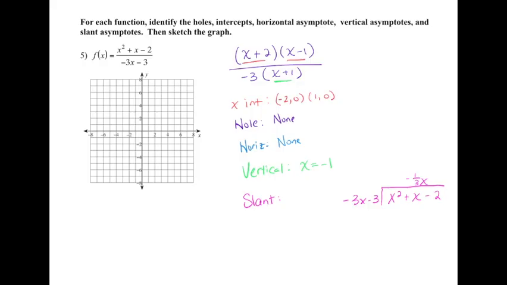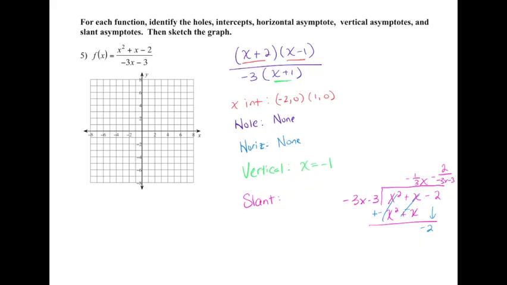It will cancel out with that -1/3, I promise. -1/3 x times -3x gives me a +1 x squared. -1/3 x times -3 gives me a positive x, right? Yes? We're subtracting. So remember, you're adding the opposite. Both of these cancel, right? I'm left with a -2. Remember, when my degree is lower, I'm done. That's my remainder. So it's going to be -2 over -3x minus 3.